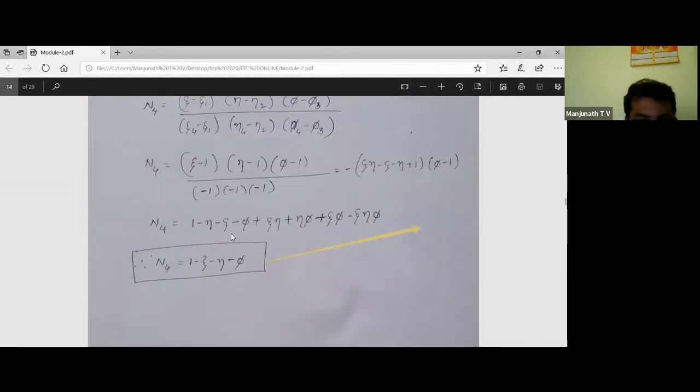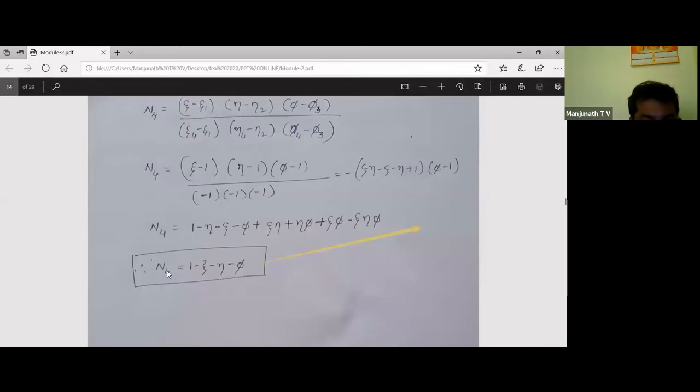Okay, then if you substitute these values here, you can get n4 equal to 1. That is going to satisfy the property of the shape function. So n4 equals 1 at node 4, and if you substitute the zeta, neta, psi values as 0, then at all the remaining nodes, node 1, node 2, node 3, the n4 value equals 0. If n4 equals 1 at node number 4, then at all remaining nodes the n4 value will be 0.